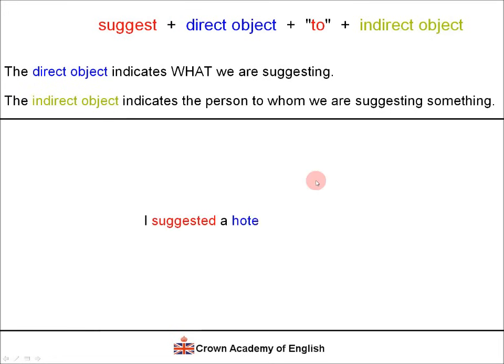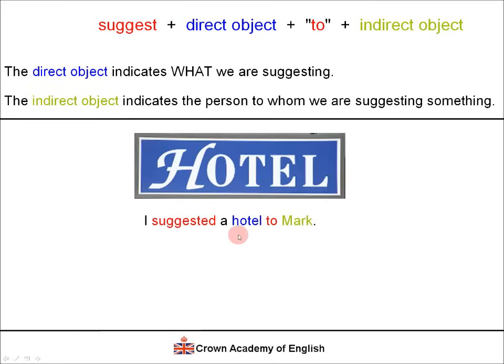Example. I suggested a hotel to Mark. So this is what I suggested, and this is the person to whom I suggested the hotel, to Mark.